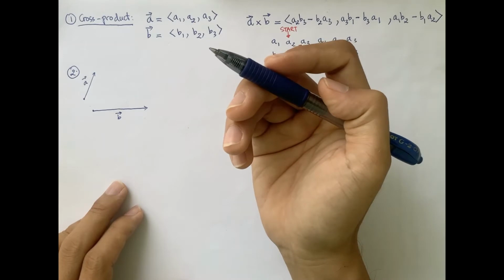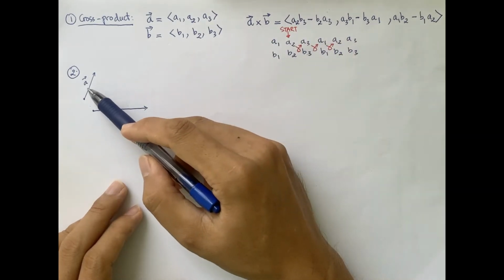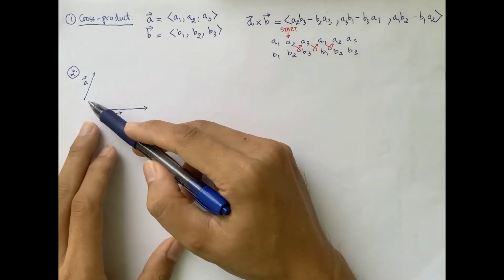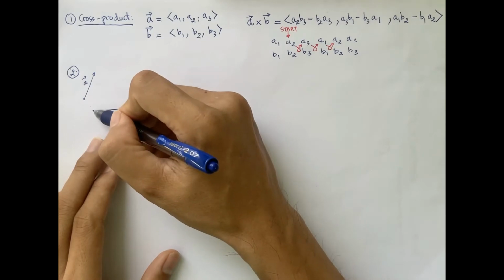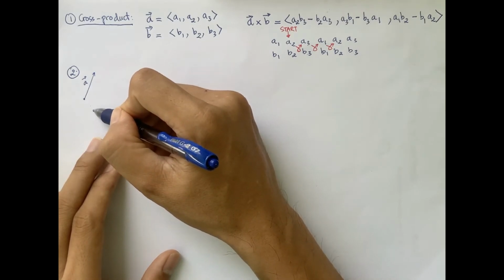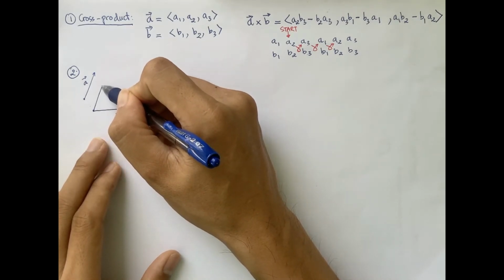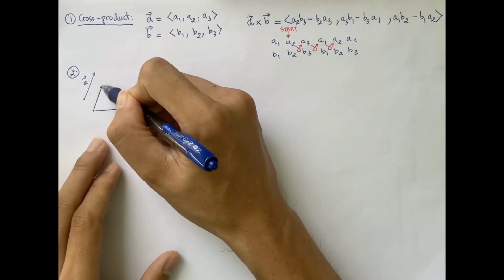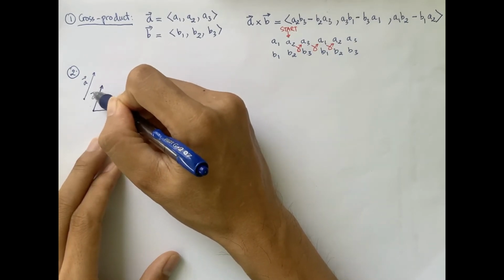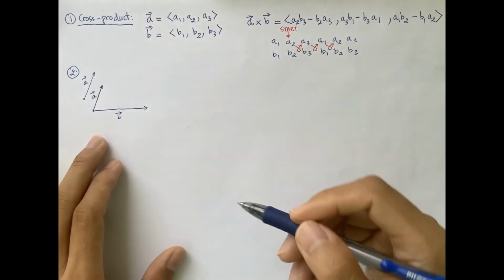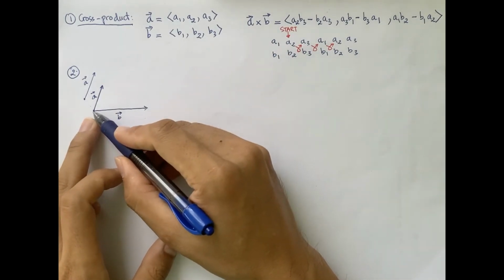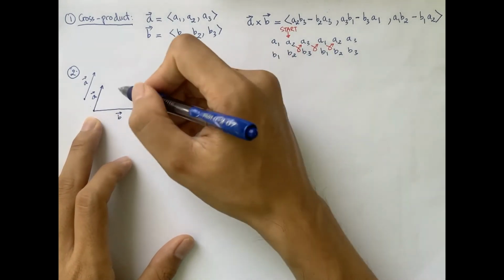The way we do that is we move either A or B so that the initial point of A and the initial point of B coincide. So this is also equal to vector A, and they start from the same initial point.